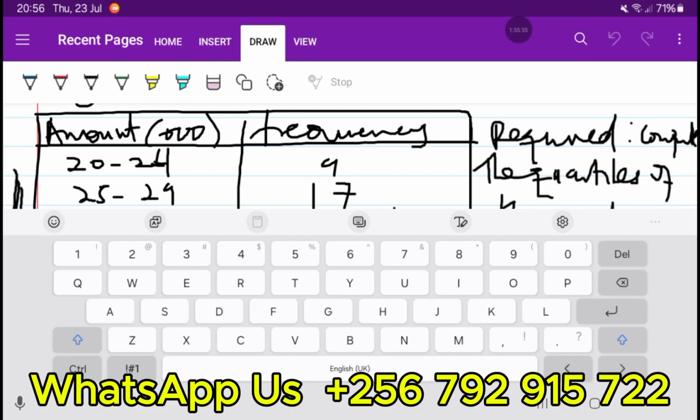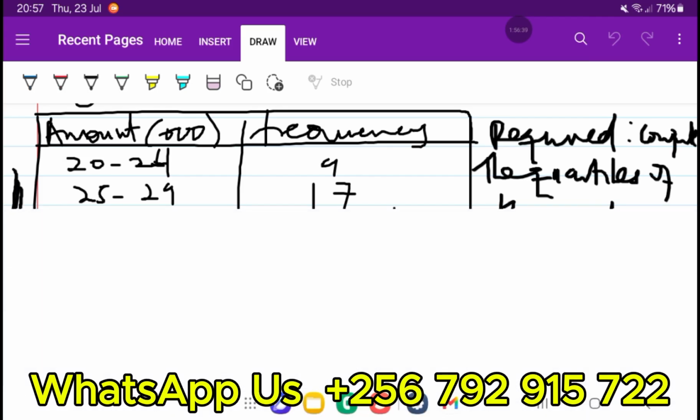Then for us to get the class boundaries, we said we subtract 0.5 from the lower limit, then we add 0.5 to the upper limit of that same class. If you don't want to go that way of adding 0.5, there is also another way.